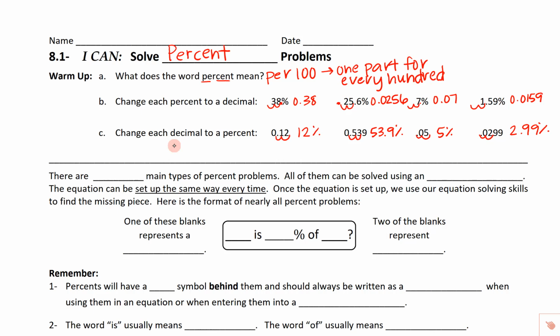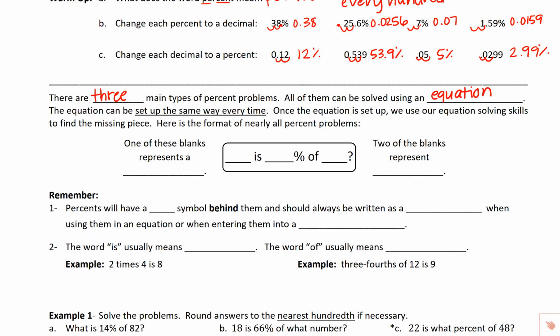There are 3 main types of percent problems. All of them can be solved using an equation. The equation can be set up the same way every time.